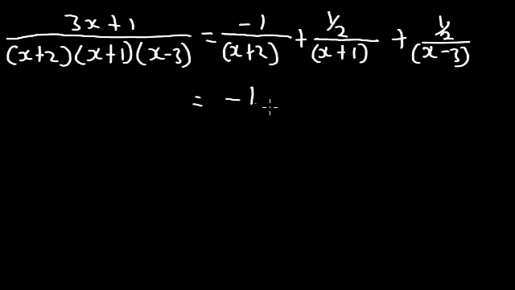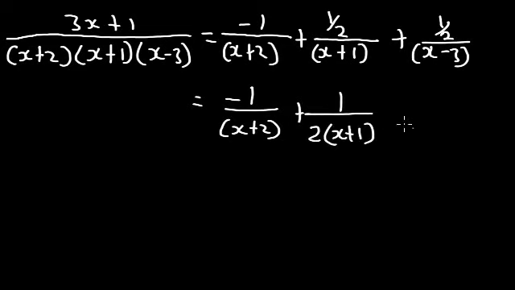So finally, we have negative 1 over x plus 2 plus 1 divided by 2 multiplied by x plus 1 plus 1 divided by 2 multiplied by x minus 3. Once you're having a fraction, just bring it to the common denominator. That will be the final answer.